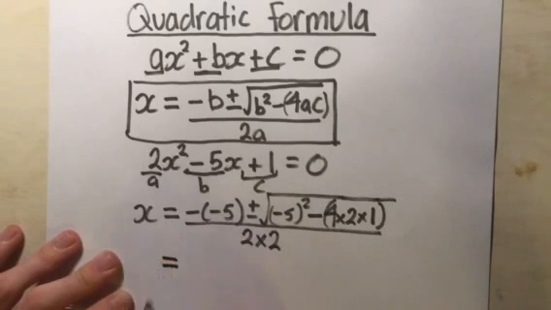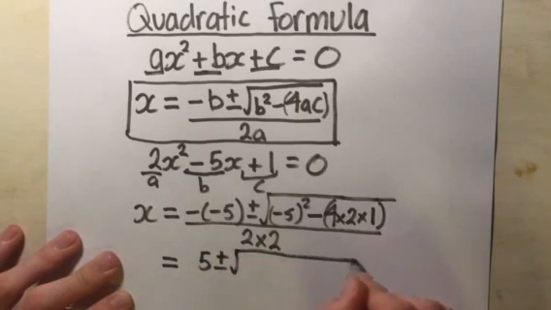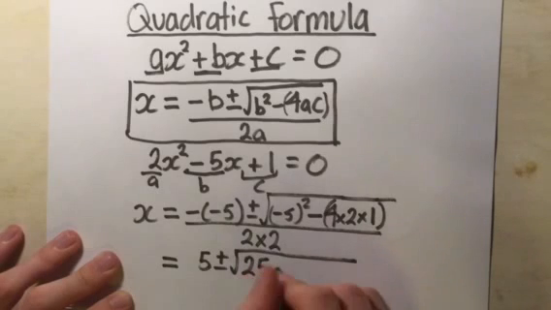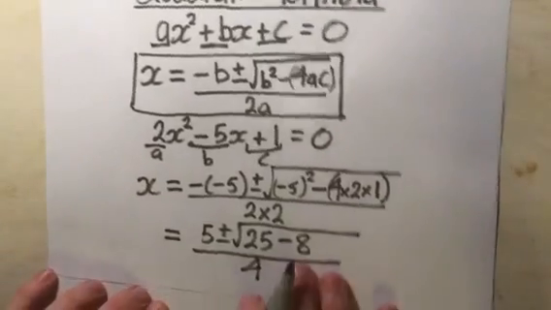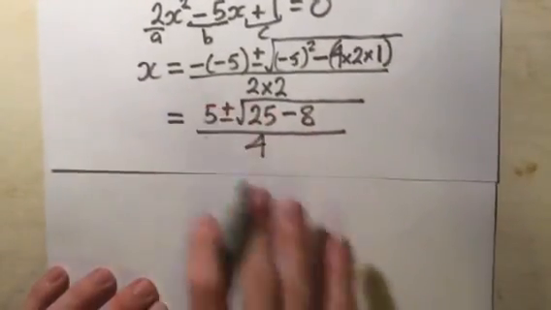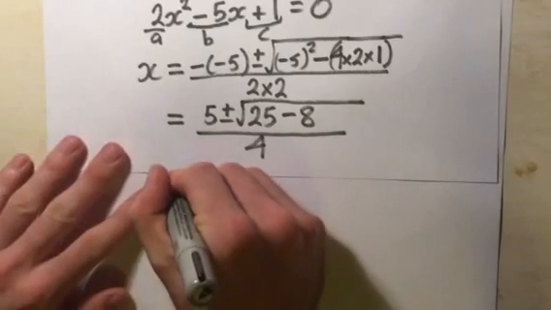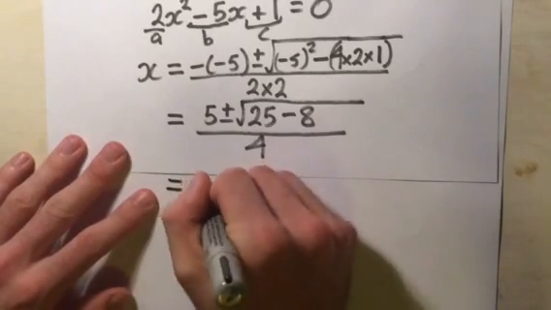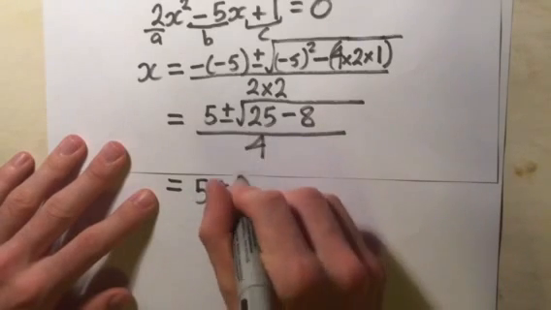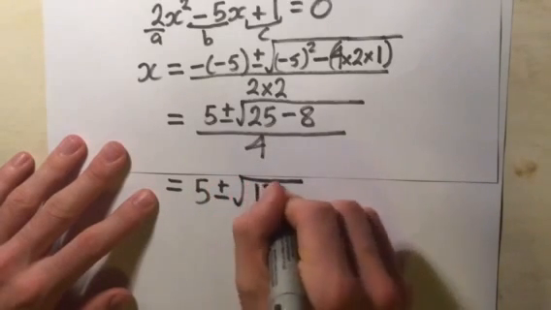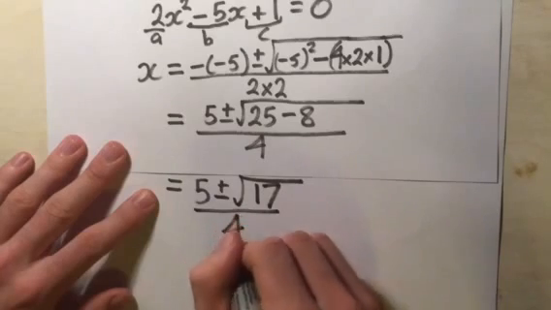If we simplify this, we're left with minus minus 5, which is plus 5, plus minus the square root of 25 minus 8, over 4. And we know that if we further simplify this, we're going to get x equals 5 plus minus the square root of 17 over 4.